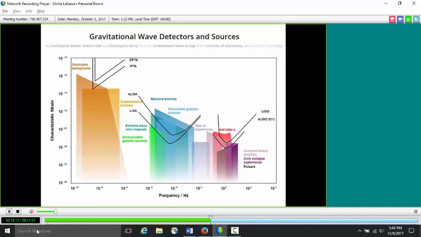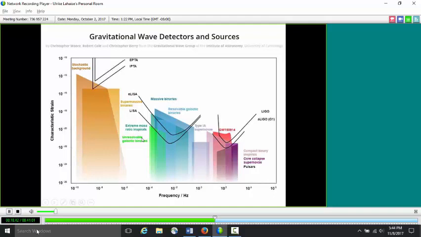Okay, so let me talk a bit about this. This is LISA. The European Space Agency has proposed building one of these interferometers in space with a much longer arm length. But if it ever gets built, it won't be operational for several decades. But it'll be able to detect some of these other kinds of sources that are thought to emit gravitational waves.